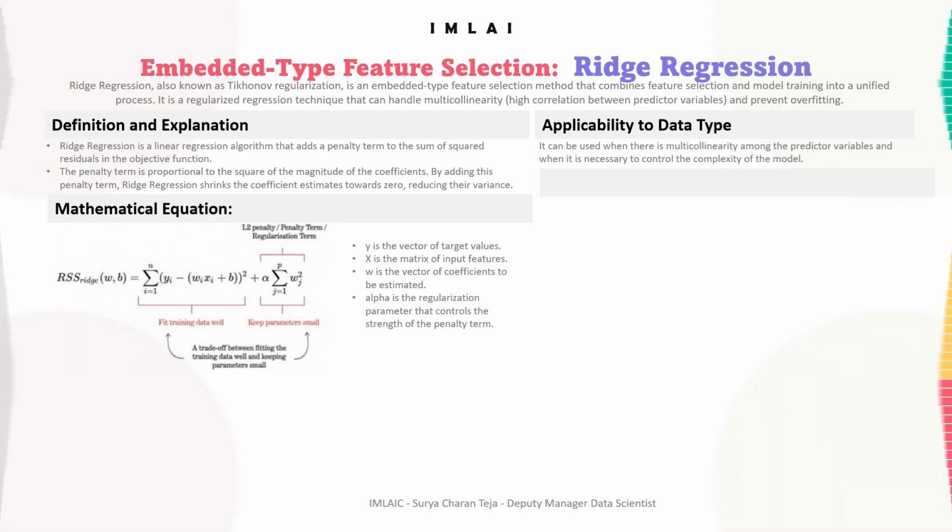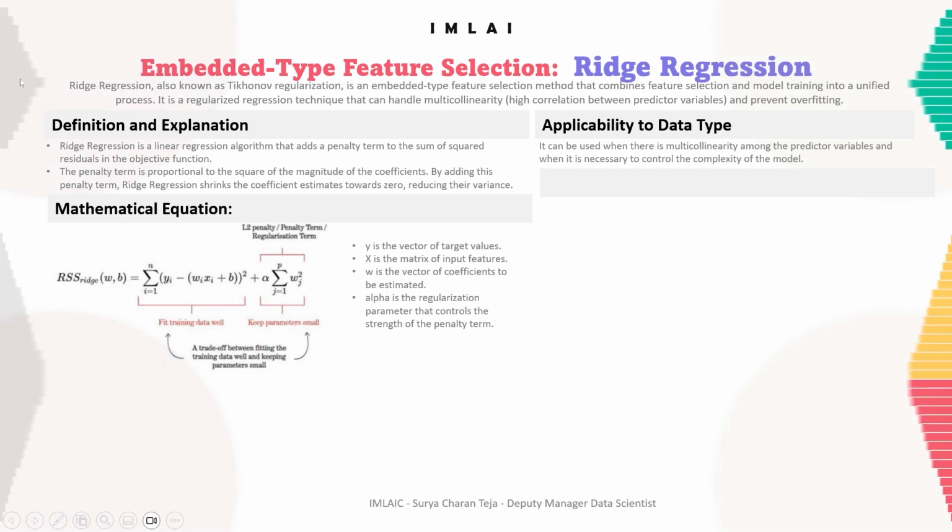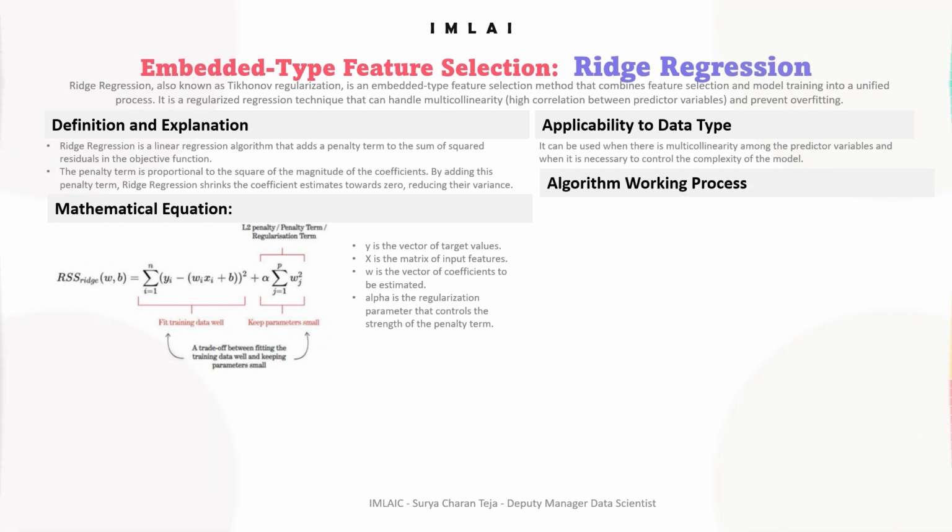RSS is the residual sum of squares, and the regularization parameter controls the amount of shrinkage applied to the coefficients. A higher alpha value leads to more shrinkage, reducing the impact of the predictor variables on the model. That's what you have to make sure of when you fine-tune the alpha value.